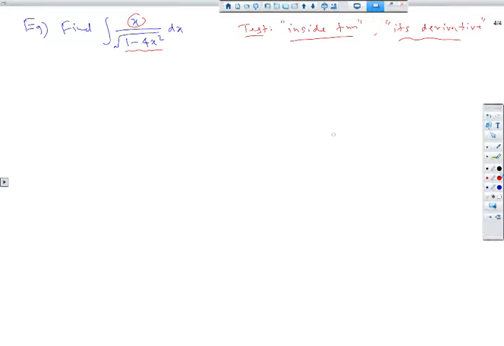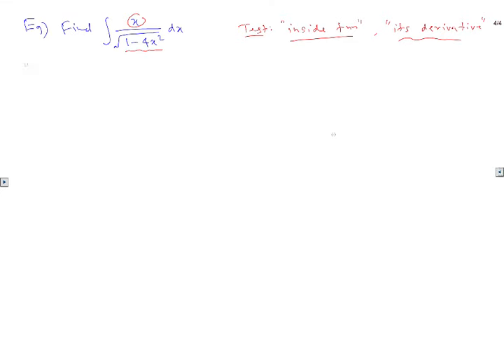That's what you always do: check whether the inside function and its derivative are both there, and then it's very easy. If you don't see x there, this method does not work and you have to use some other tricks. So let u equal 1 minus 4x squared, because that's the inside function.